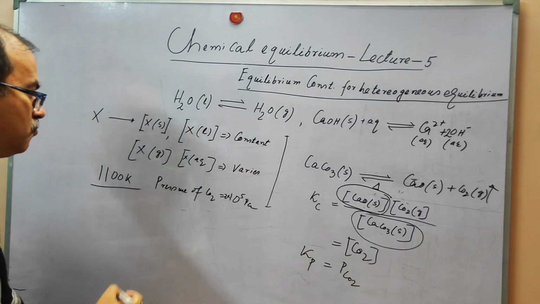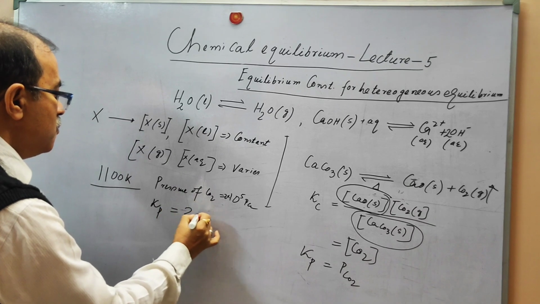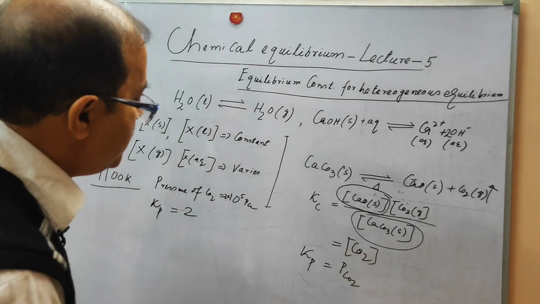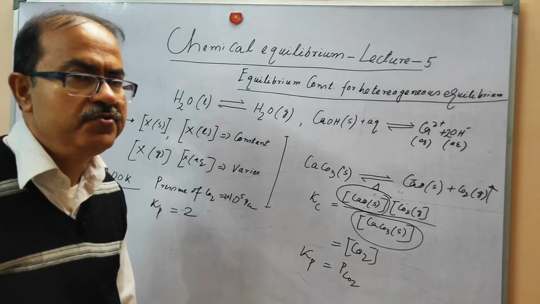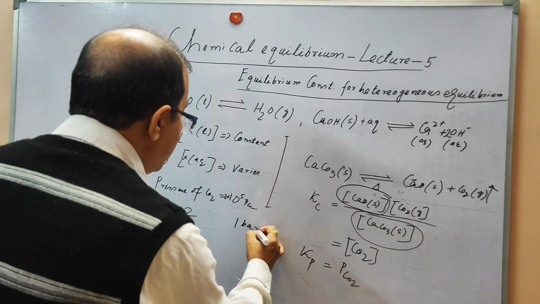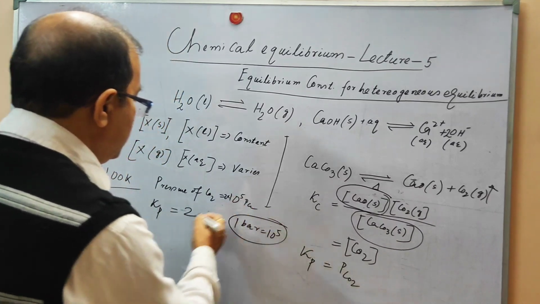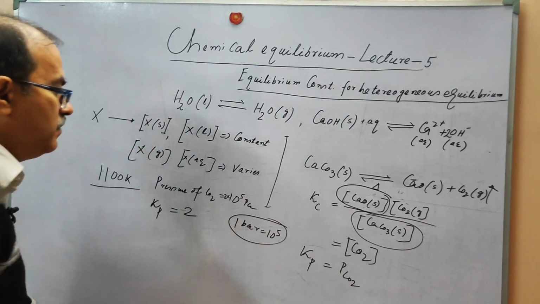What will be its equilibrium constant in terms of partial pressure? That will be 2, because we have to express the Pascal in the bar unit. We know 1 bar is equal to 10 to the power 5 Pascal. So we divide, and it gives the equilibrium constant 2.